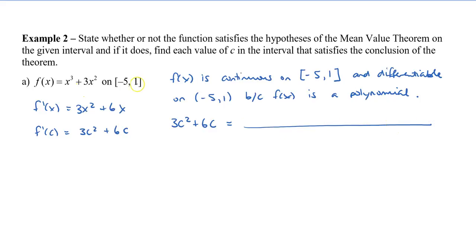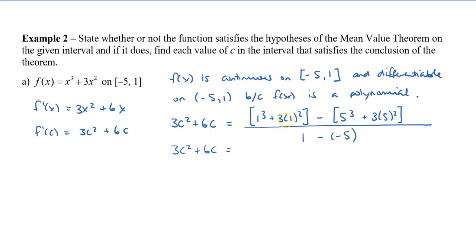So 1 is my second value, so 1 cubed plus 3 times 1 squared minus -5 cubed plus 3 times -5 squared, all divided by 1 minus -5. That should equal 3c squared plus 6c. So that's the number I'm trying to find. I'm trying to find out what c is.